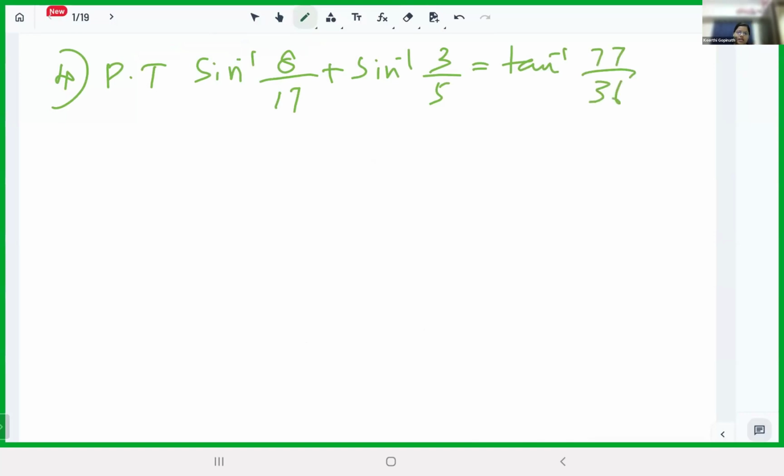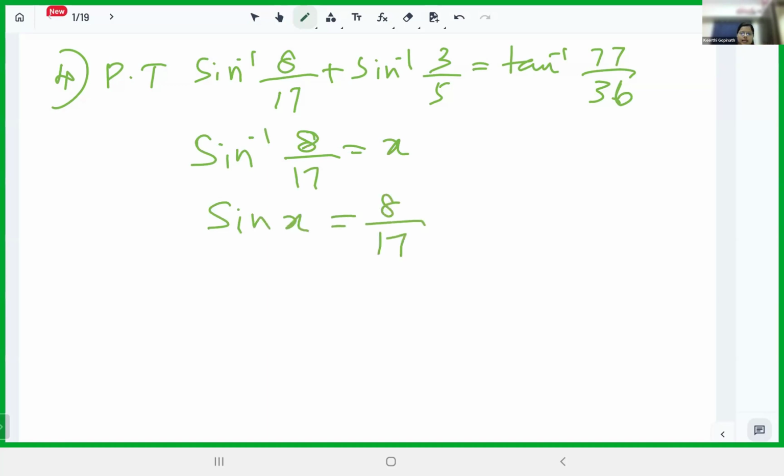Okay, so let sine inverse of 8 by 17 be x. So we can write this as sine x is equal to 8 by 17. Isn't it? We can write sine x as 8 by 17.